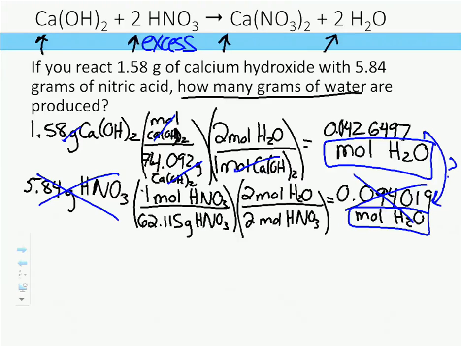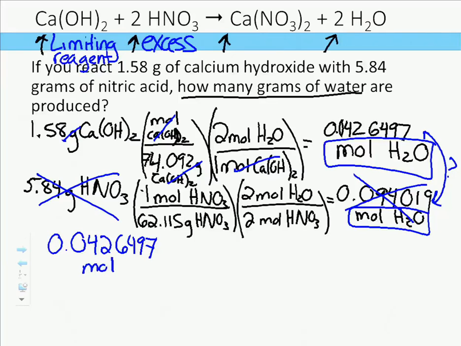So at this point, since nitric acid is in excess, that means your calcium hydroxide is your limiting reagent. And your limiting reagent is what you utilize to figure out how many grams of product are theoretically going to be produced. So that means that we can take that 0.06497 moles of water and use that to figure out how many grams of water we have.